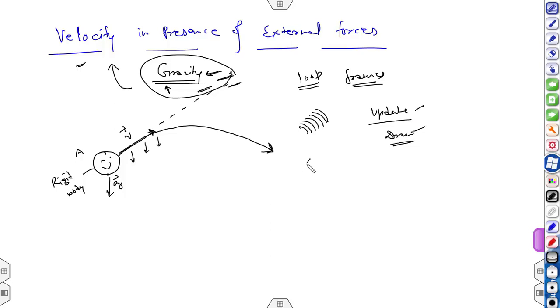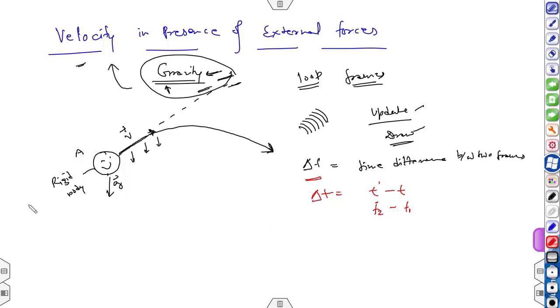Suppose delta t is the time difference between two frames. It means delta t is t dash minus t, where t dash is the time of occurrence of frame, suppose f2, and t is the time of occurrence of frame f1. So delta t can be calculated with the time of occurrence of two consecutive frames.